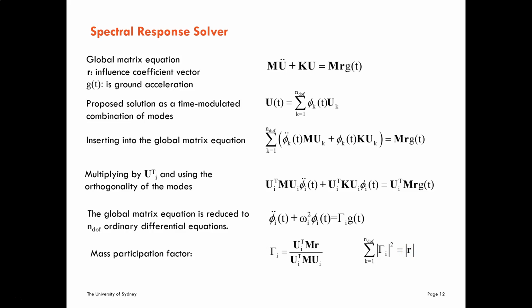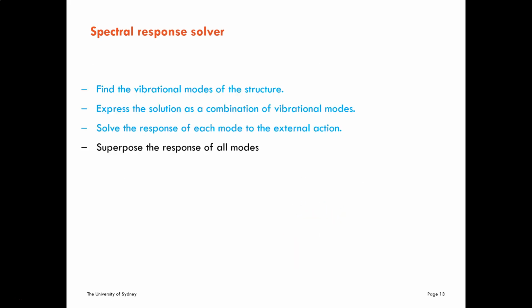Notice that now the solution consists in solving this equation, that is the harmonic oscillation equation for each fundamental mode, and we already know how to solve this equation. So the next step is to solve the response of each mode to the external action.